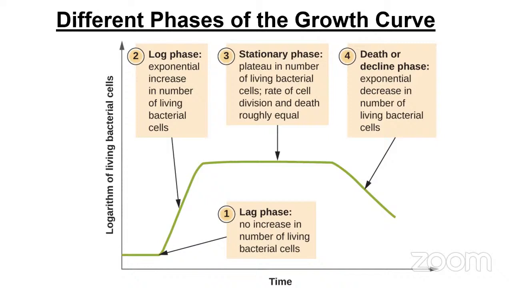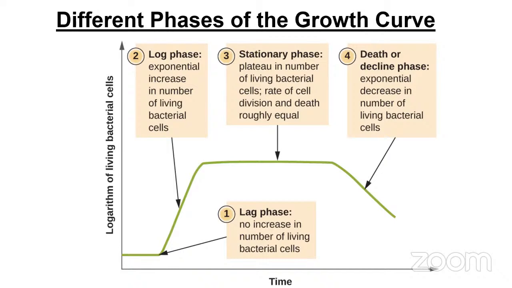of the bacterial cell population. So in summary, what we have seen in this practical is that the bacterial population curve is nothing but the growth of bacterial cells over a period of time. There are four different phases of growth: lag, log, stationary, and decline phase. In lag phase, there is no actual increase in the number of living cells.